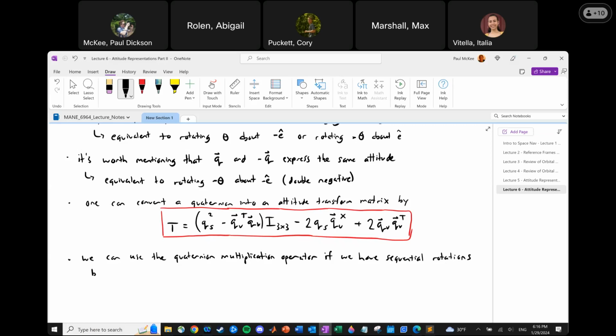But we must be careful of our conventions.